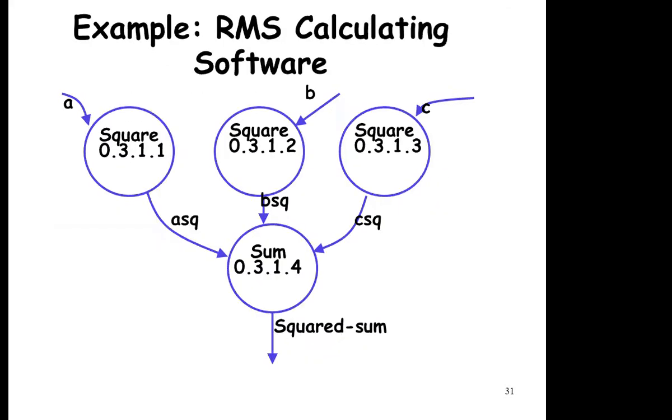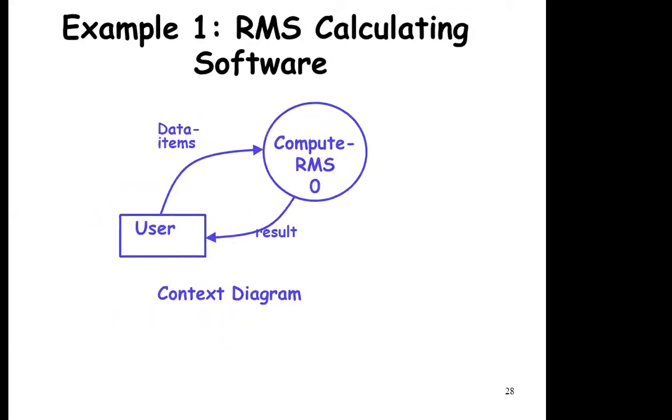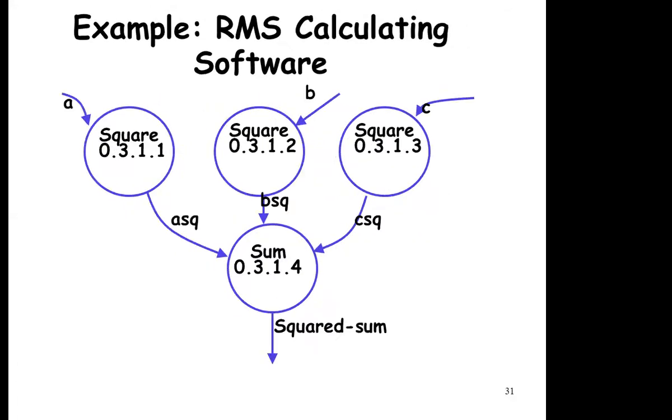Now see here. Calculate the squared mean. Now we will explore 0.3.1, so we will be exploding here. Just see here.